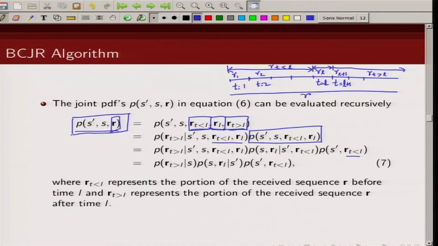Applying Bayes rule, essentially I broke it up into 3 terms. One is this term, second is this term, and third is this term.